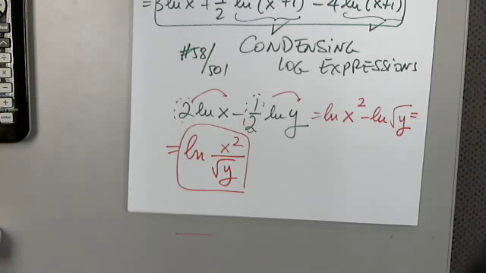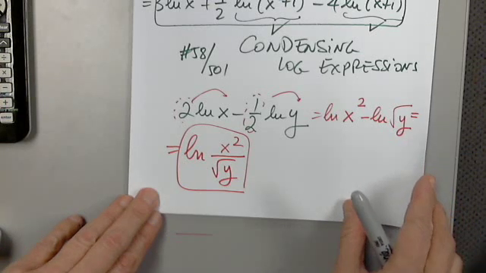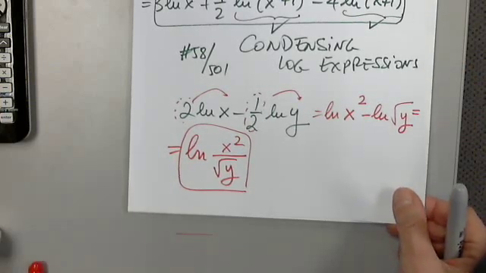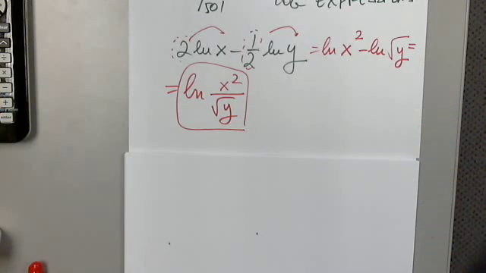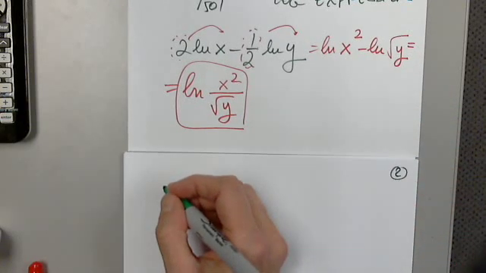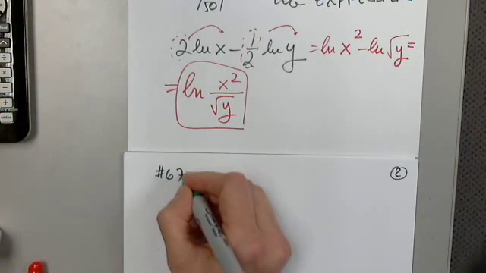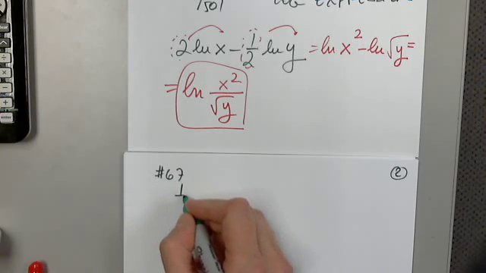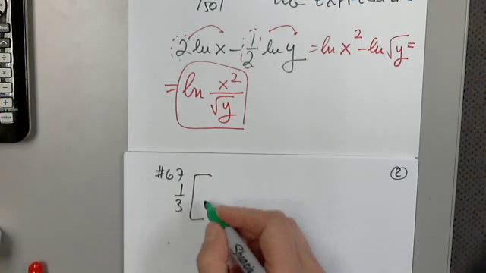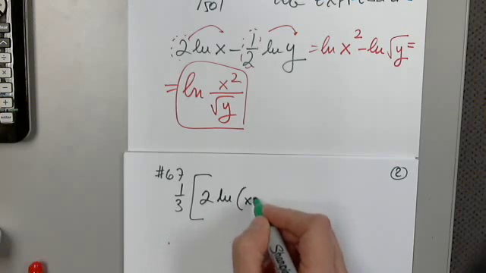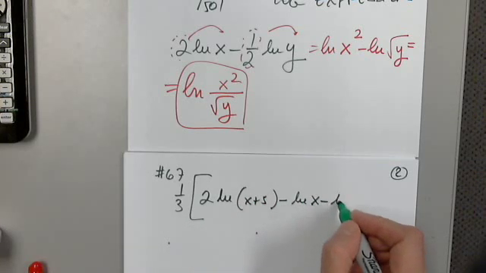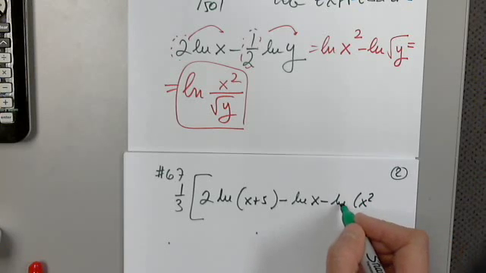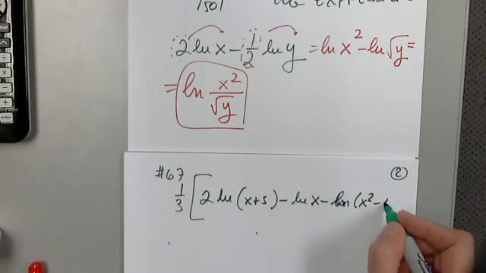Let's look at other problems. Let's say 67. Any questions for me? Any questions here? Okay, 67. 1/3 bracket 2 natural log of x plus 5 minus natural log x minus natural log x squared minus 4.